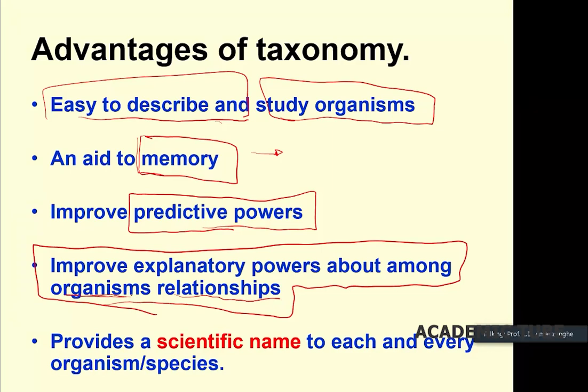Here, the relationship between individual animals will improve the explanation between two individuals and their relationship. Also, taxonomy, after learning, ultimately ends up with scientific naming. In zoology, we call it zoological naming.